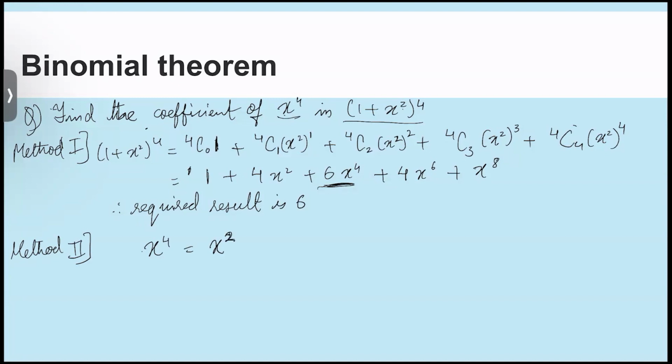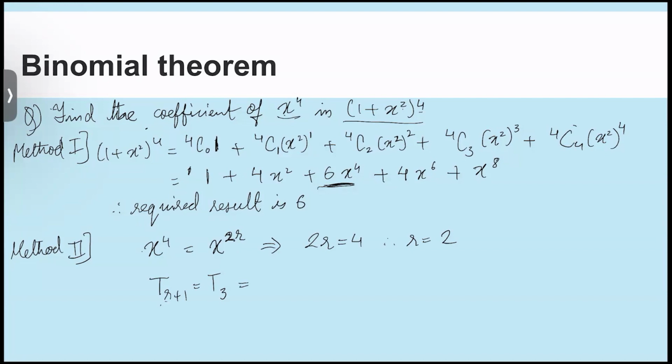That should be multiplied with another term, which will depend on the r that we take in the binomial expansion. So you can write x raised to 2r, which means 2r should be equal to 4, and therefore r is going to be 2. If r is 2, we need to find the coefficient of the third term, that is T3.